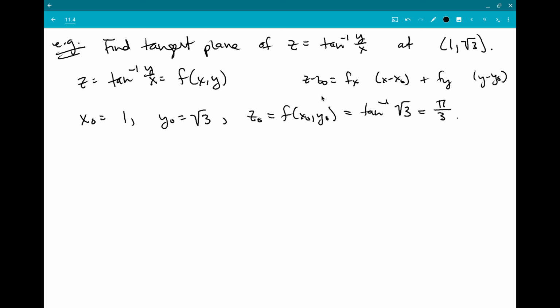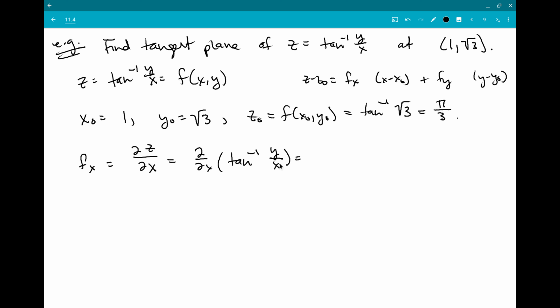Planes always need a point and a normal vector. The normal vector for a tangent plane is informed by derivatives. So let's go ahead and compute that. I need f sub x. That's equivalently dz dx. So that's d dx of the inverse tangent of y over x.